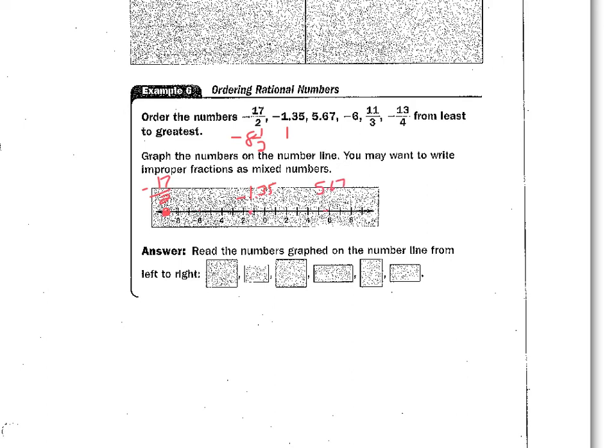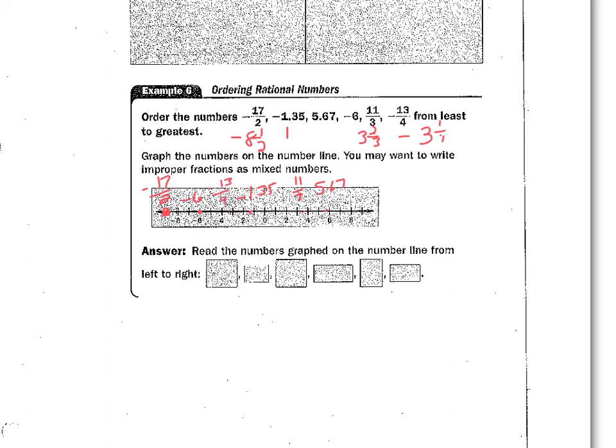Negative 6 is back here. 11 over 3, when you divide, you get 3 2/3, which is almost to 4. So there's 11 over 3. And negative 13 over 4, when you divide 4 into 13, that's negative 3 1/4, which is a little bit past the 3, so that's negative 13 over 4.